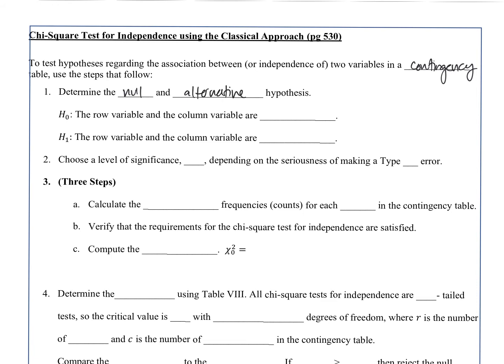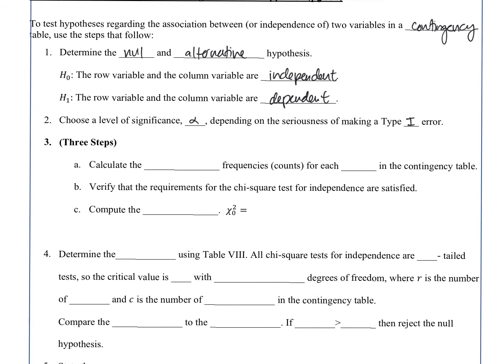For the row variable and the column variable, our null hypothesis is they are independent. That means they don't affect each other. The alternative would be the row variable and the column variable are dependent, or they do affect each other. Then you choose a level of significance, alpha, depending on the seriousness of making a type 1 error. Often, remember, alpha is given to you.